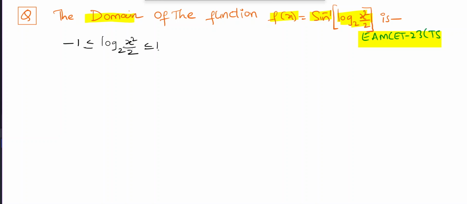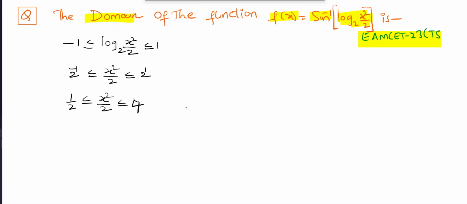From this, by cancellation of logarithm, this is 2 to the power of minus 1, which is less than or equal to x square by 2, which is less than or equal to 2 to the power of 1. 2 power minus 1 is 1 by 2. So 1 by 2 is less than or equal to x square by 2, which is less than or equal to 2 into 2, that is 4.